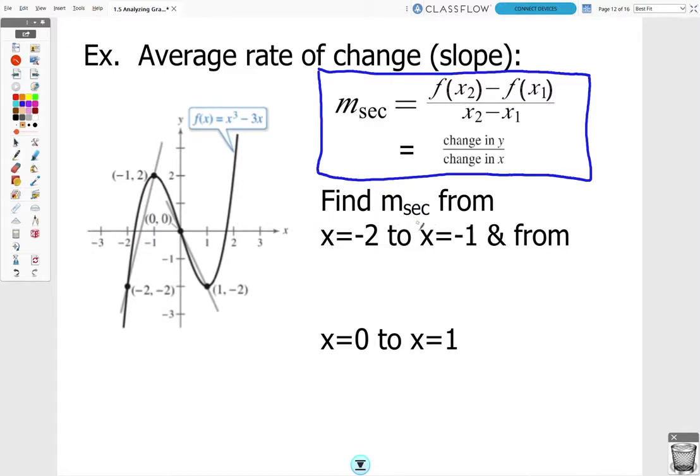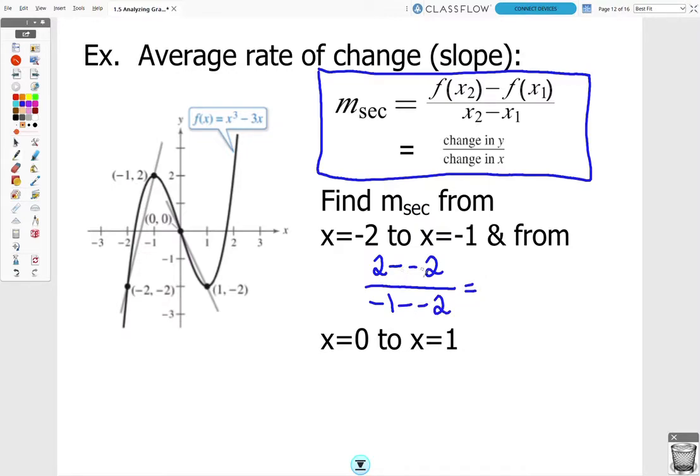So the average rate of change, or the secant slope, between -2 and -1. We have to look at y2. The y value at this point here is 2, minus the y value at this point, which is -2. And we divide that by the change in x, which is -1 minus the other x value, -2.